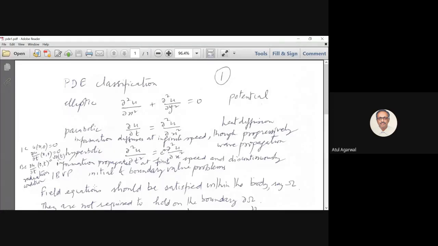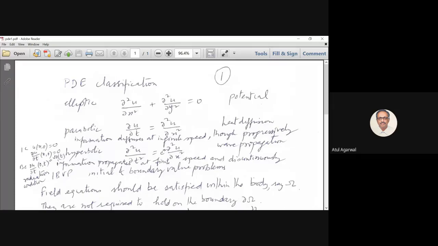Then there is hyperbolic, where u has a second derivative with time as well as with position. If your situation is quasi-static, that is, there is no acceleration, then this equation converts to an elliptic differential equation.